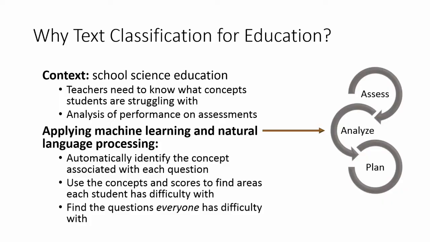Text classification is a very common tool of natural language processing, has a lot of applications, and some of them you're all familiar with, such as spam filtering. And how this fits in with our work is we can build a text classifier that automatically finds the concept that each question is trying to assess, or multiple concepts, and then we can use the scores on those questions with these concept labels to figure out the concepts that students are struggling with or they are proficient at, and we can do this for every student.